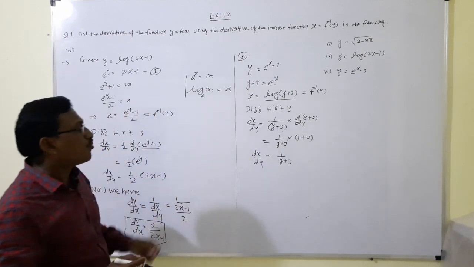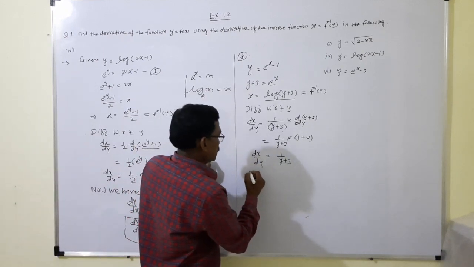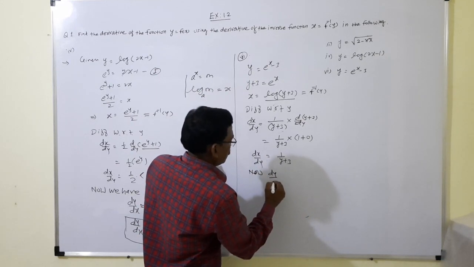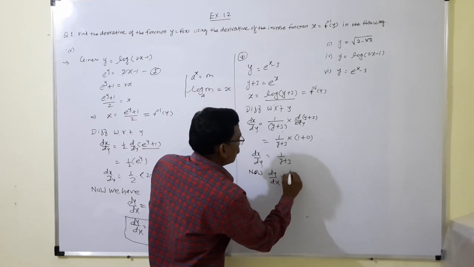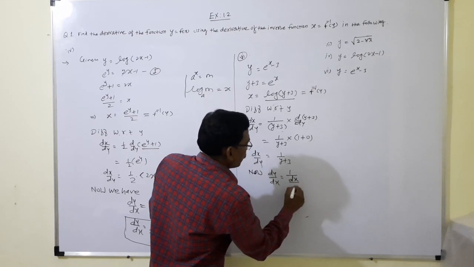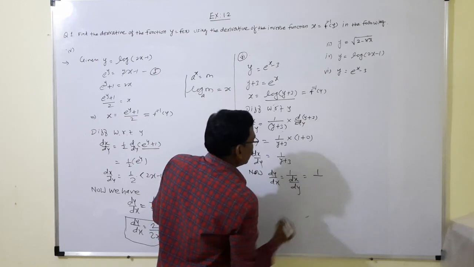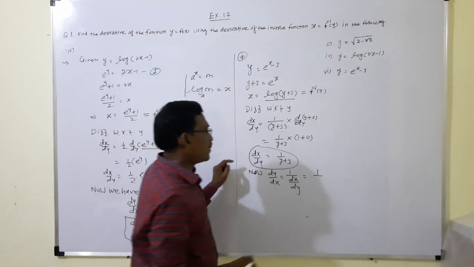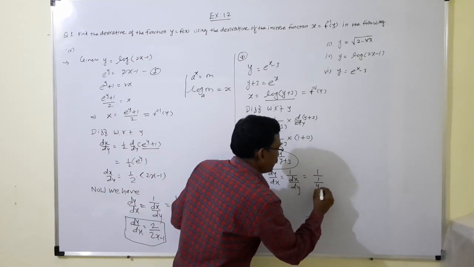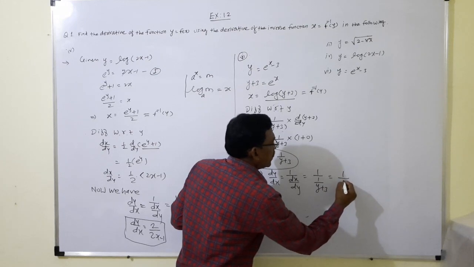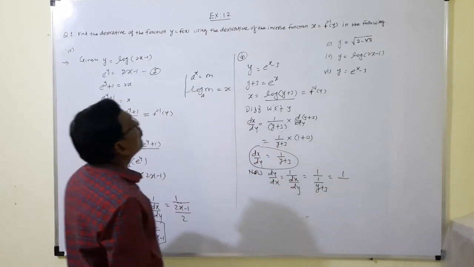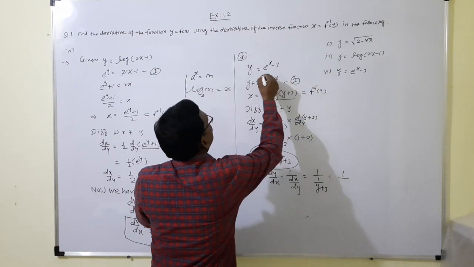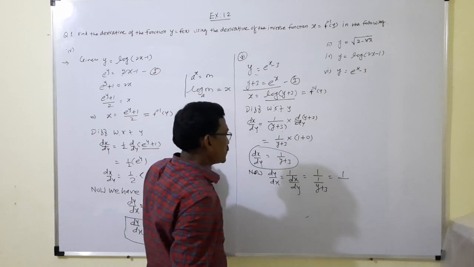But we have to find the derivative of y with respect to x. So now we have dy by dx equal to 1 upon dx by dy. The derivative of x with respect to y is 1 by y plus 3, but y plus 3, from equation 1, is e raised to x.